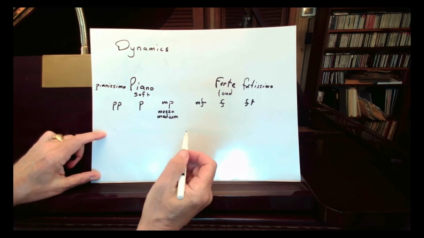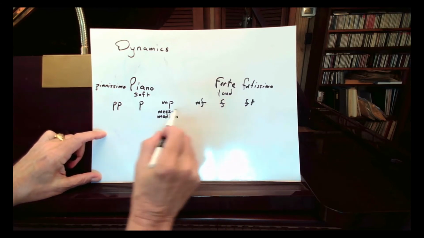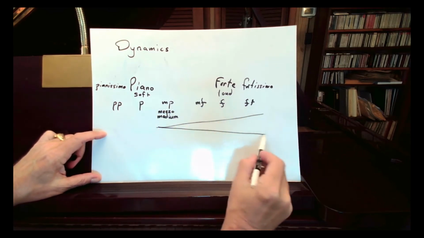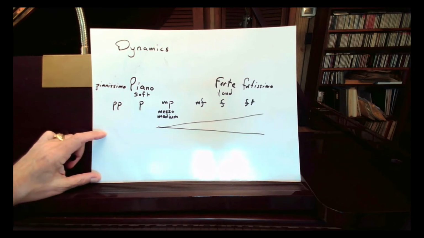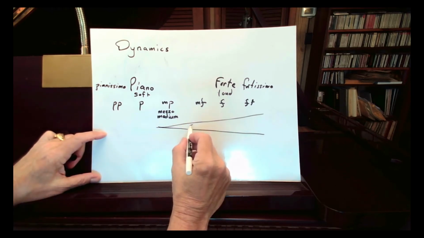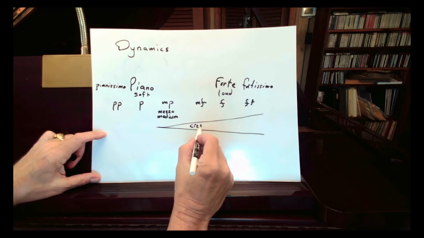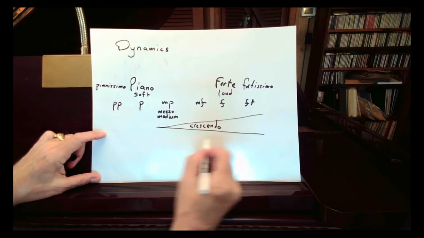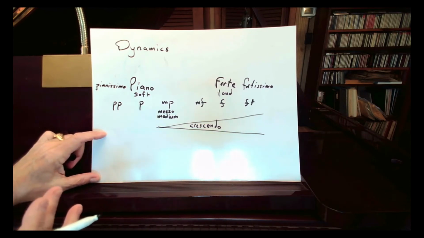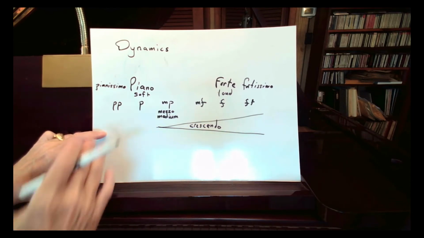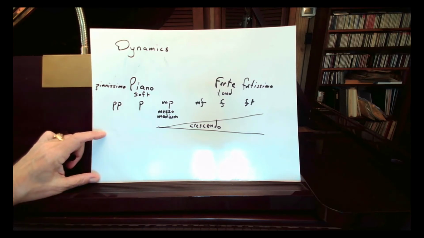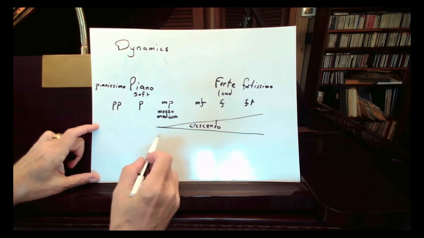When things go from softer to louder, you will see a symbol that looks like that. It's called a hairpin. And in this case, it's called a crescendo. It's the change that is really dramatic. Playing softly can be dramatic until it's soft for a long time, and then it loses its effect like anything else.